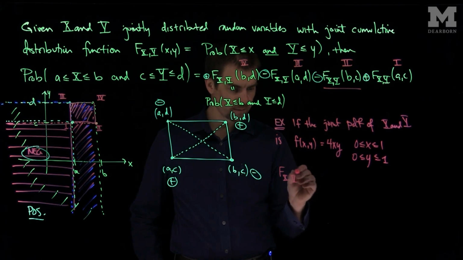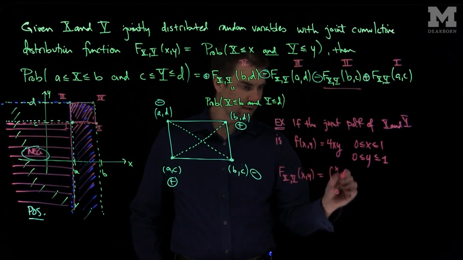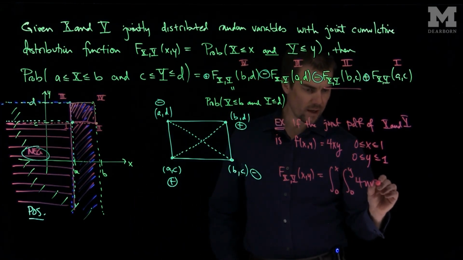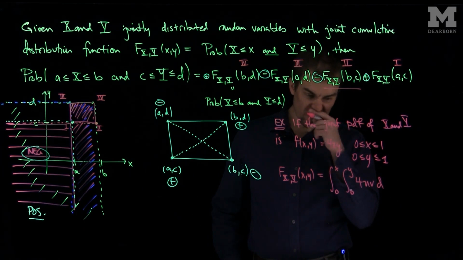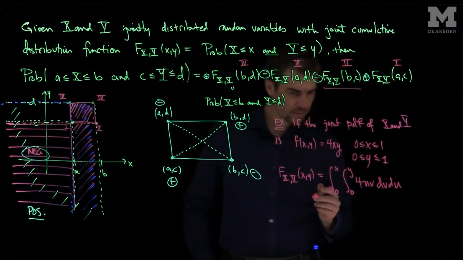If I want to find the probability, let's find the cumulative distribution function, F of x, y, which will be the integral from 0 to x, the integral from 0 to y of 4uv dv du.